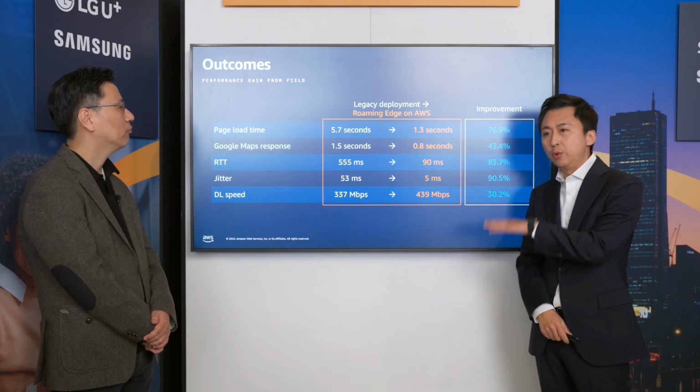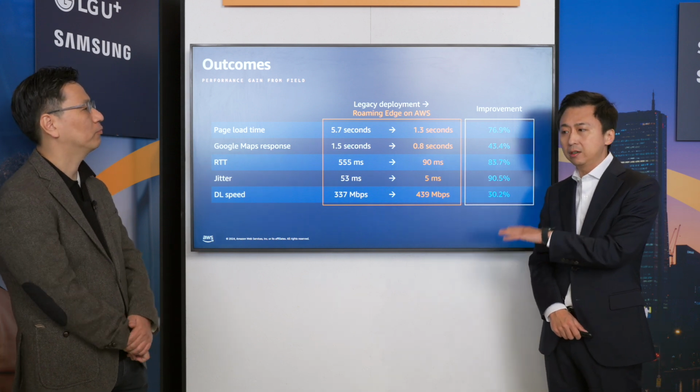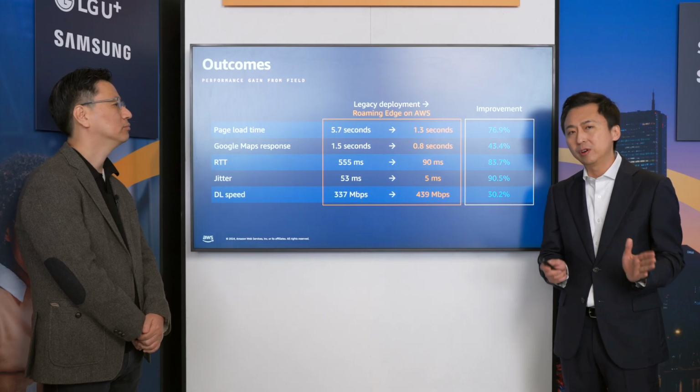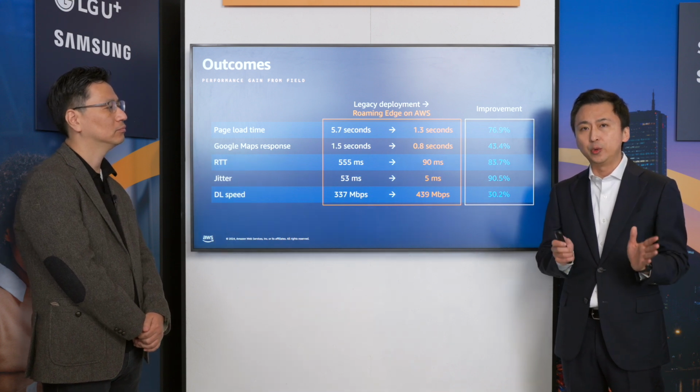This is the result of measurement by SK Telecom using real mobile devices. As it shows, web page load time improved by 76% and download speed is enhanced by 30%. For your understanding, we prepared a video of the measurement result.